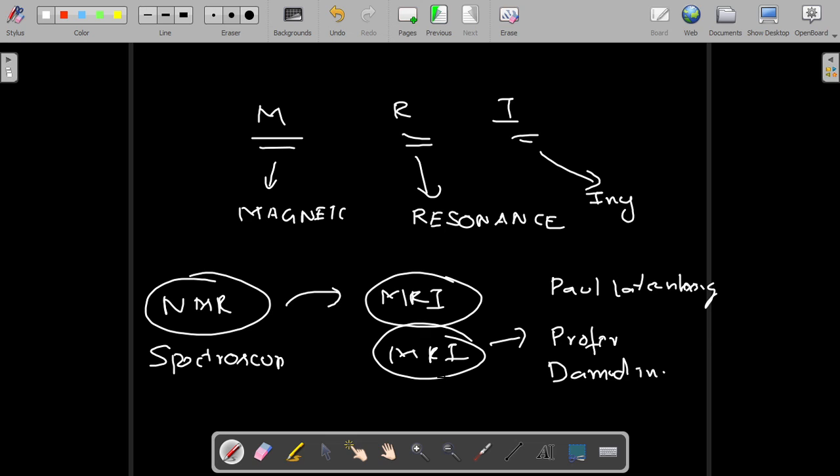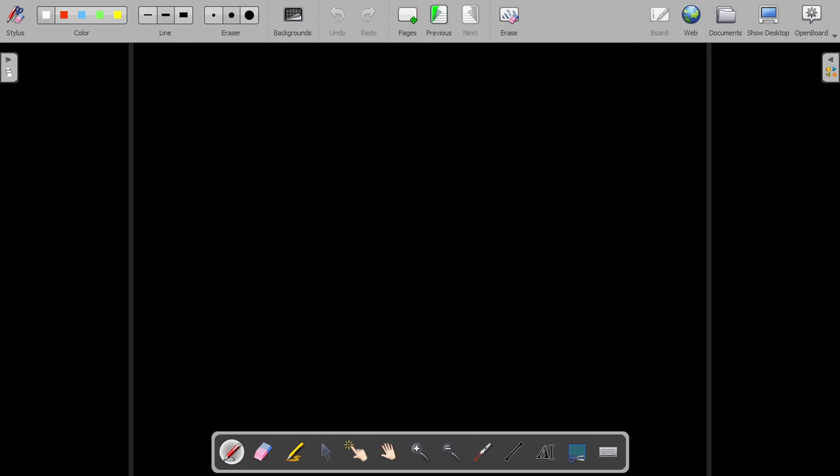He made the first MRI machine, and the interesting aspect is that it was made on 3rd July, way back in the 80s.